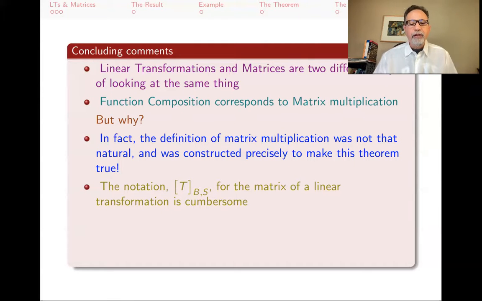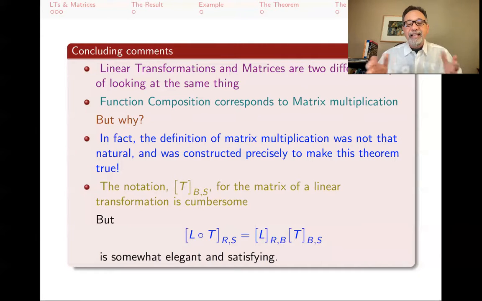Also, a final point is that the notation, the matrix of T with respect to S and B, is cumbersome. But when we see this relationship with matrix multiplication, it becomes somewhat satisfying and makes it worth it. Because it's just sort of nice, the way it works. It just seems like a natural notation when you look at it this way.